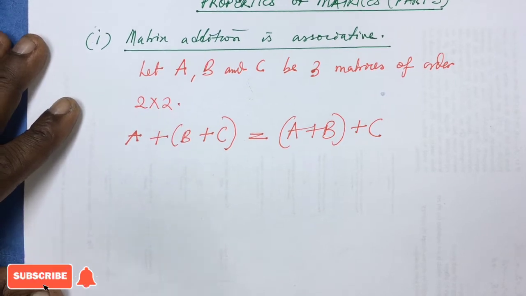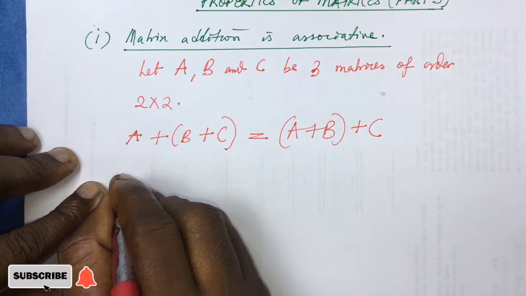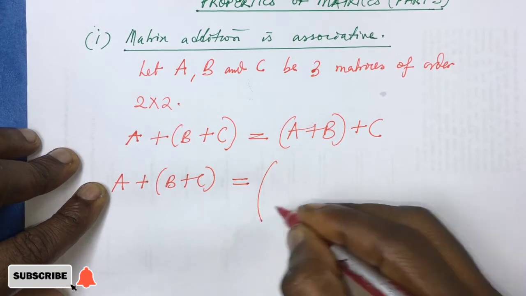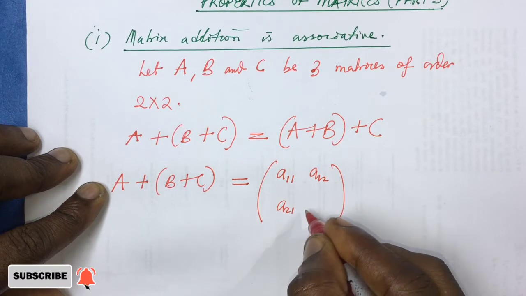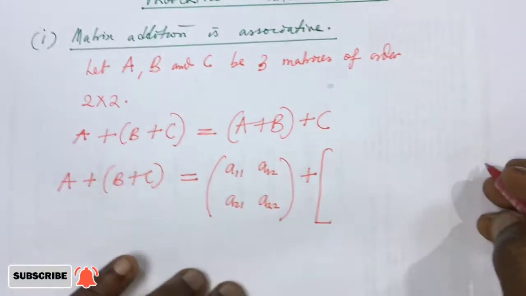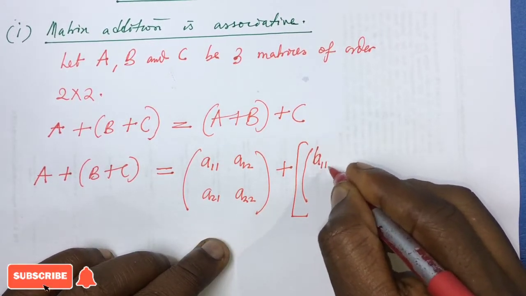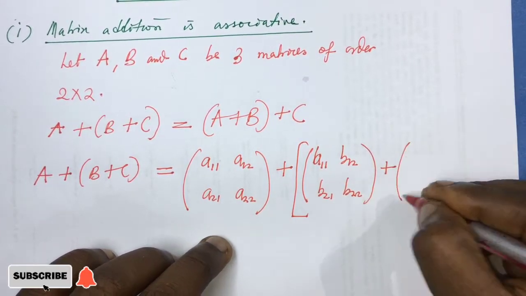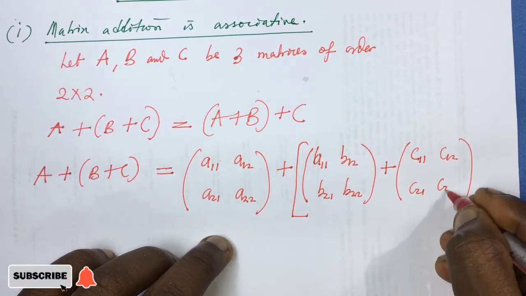Okay, now let's see. So let's start with A + (B + C). As usual, I'm going to take the 2 by 2 A matrix, A11, A12, A21, A22, plus, in a square bracket, B11, B12, B21, B22, plus, close the bracket, for the C matrix, C11, C12, C21, C22.